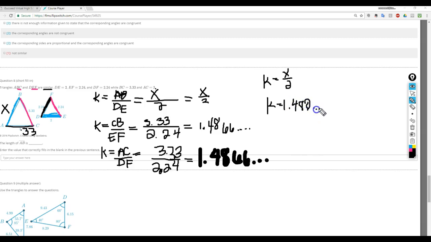By our transitive property, that means we can cut out this middleman, our linking guy, and say x divided by 2 is equal to 1.4866.